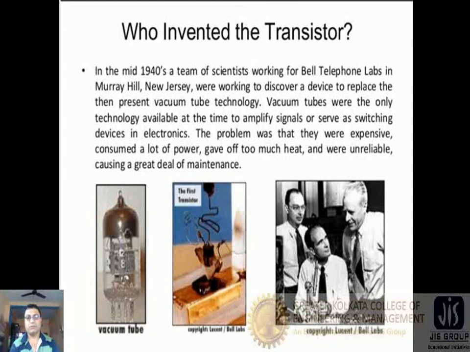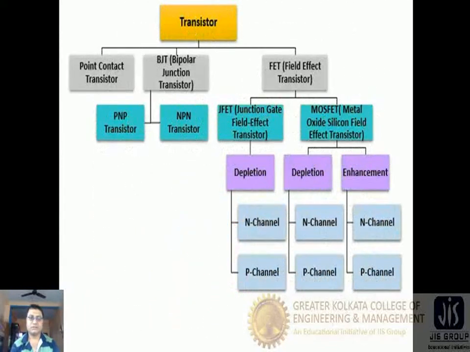The problem was that they were expensive, consumed a lot of power, gave off too much heat, and were unreliable, causing a great deal of maintenance. These are the drawbacks of the vacuum tube. You can see here a vacuum tube, which acted as a transistor in the earlier days, but later on the transistor replaced those vacuum tubes.